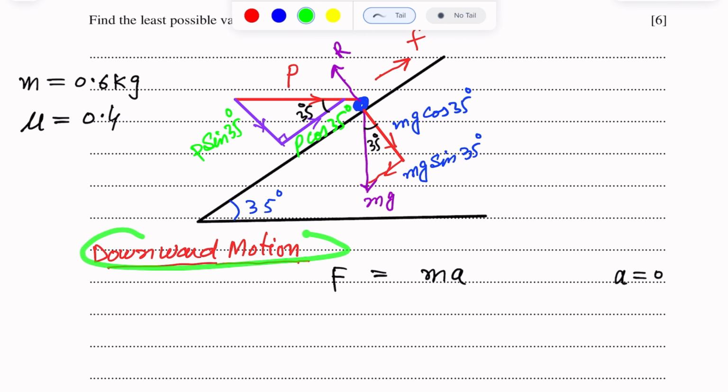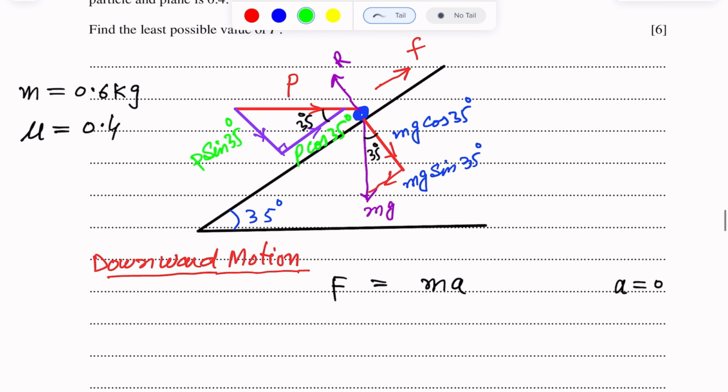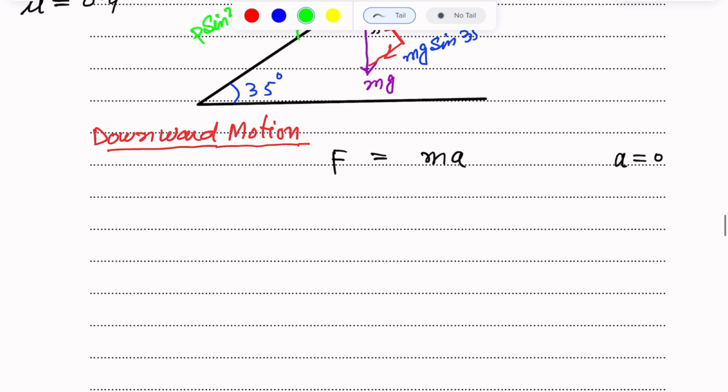Since the tendency to movement is downward, we write the weight component mg sin theta acting along the plane downward, and the two components P cos 35 and force F acting up the plane against the movement of the particle.